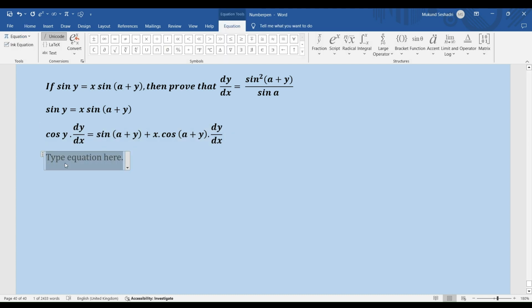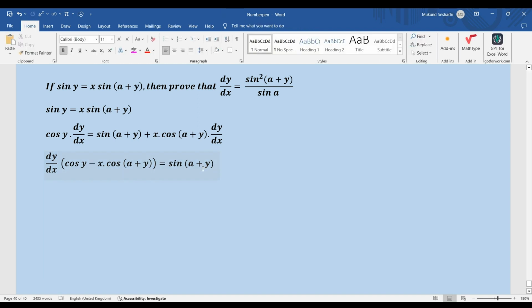I put all my dy/dx expressions on one side. When I do that, I get dy/dx into (cos y minus x times cos(a + y)) equals sin(a + y). This is what we get, right?